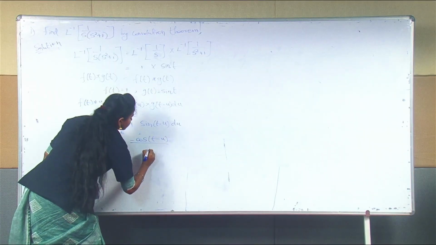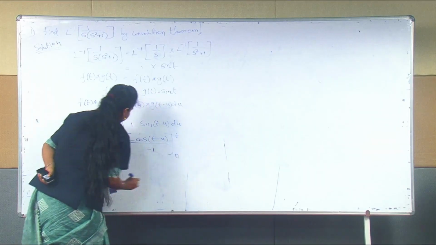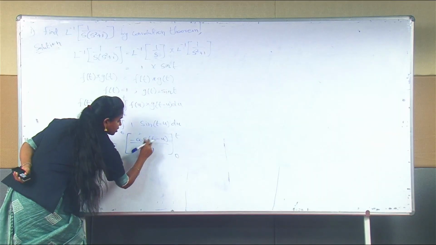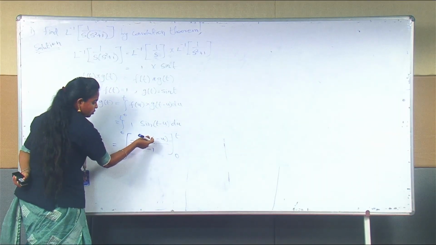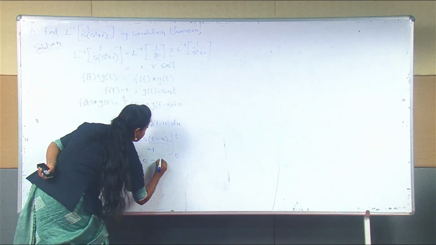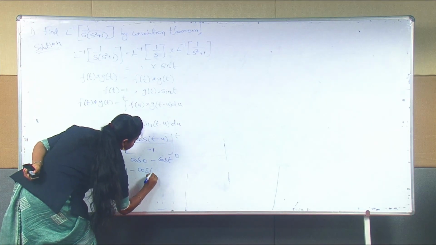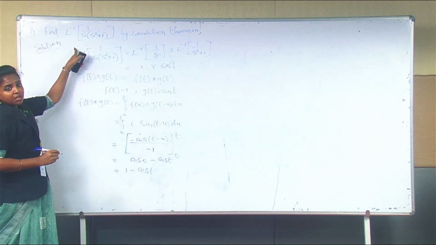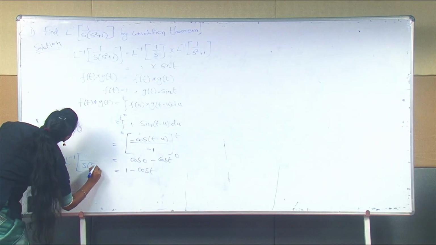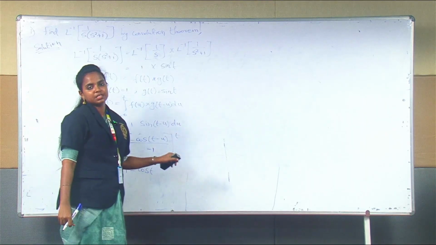Apply your limits: substituting the upper limit u equals t gives cos 0, minus the lower limit 0, which gives cos t. So finally you get 1 minus cos t. So what is the Laplace inverse of this function, 1 divided by s into s square plus 1? This is your answer to this question.